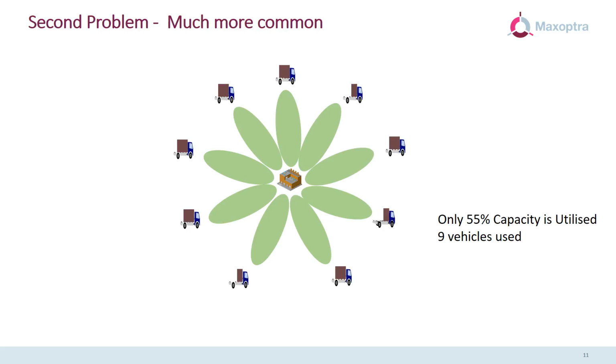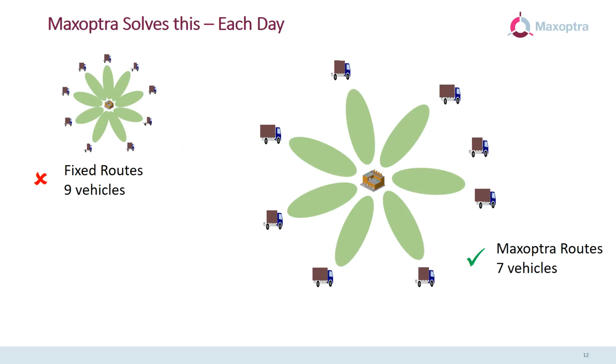Theoretically, I should be able to do it with a lot less. And that's exactly what Maxoptra does, because again, it will look at the actual orders received and work out the number of routes that are required. And this is a common finding when we compare fixed routes against Maxoptra. We find we can do the same work with a lot less vehicles.